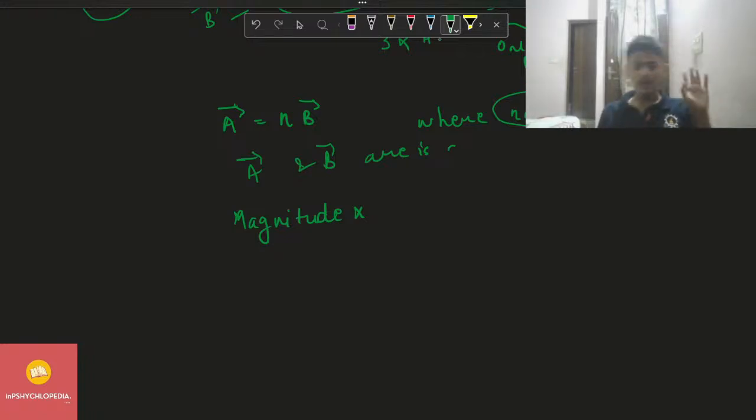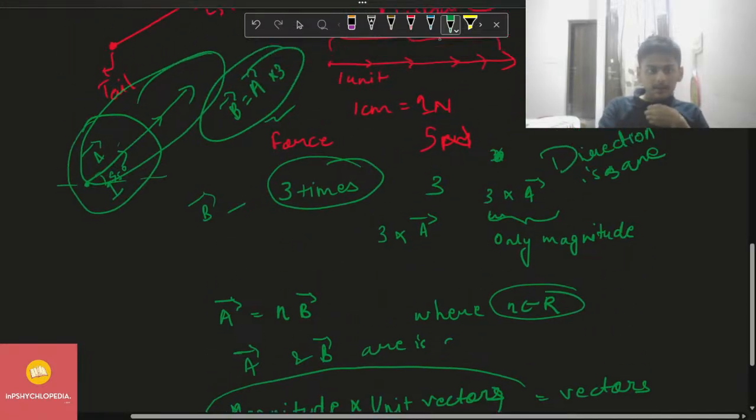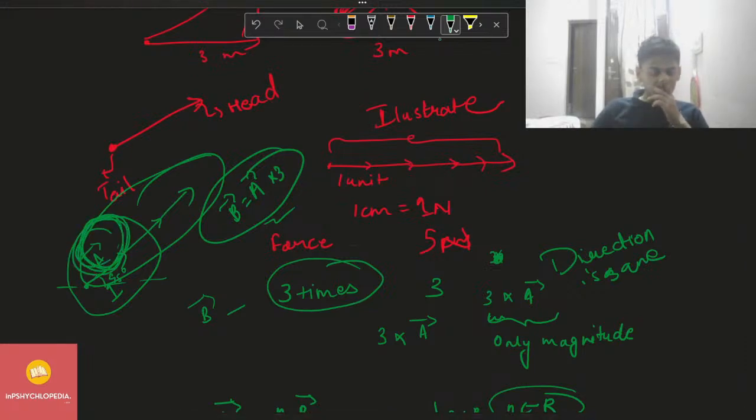Those vectors which have magnitude 1 are called unit vectors. So magnitude into the unit vector, we can call completely a vector. In the above example, a vector was nothing but the unit vector, and b vector was 3 times the unit vector. So 3 was the magnitude and a was the direction.